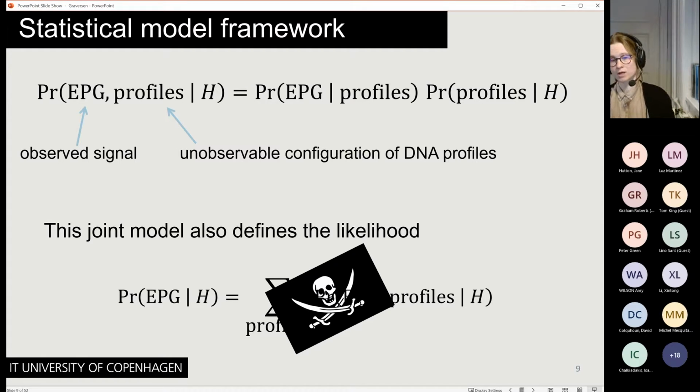That sum has been the headache of many people, and usually it's handled by a set of approximations, which alleviates some of the problems with doing these computations, but still limits the practical feasibility to, at least when I got into this, maybe 3, maybe 4 unknown persons in a mixture.